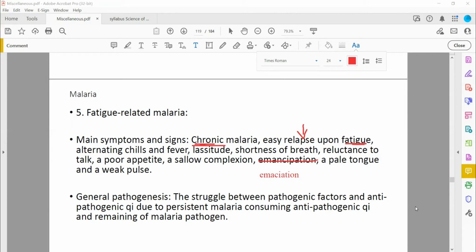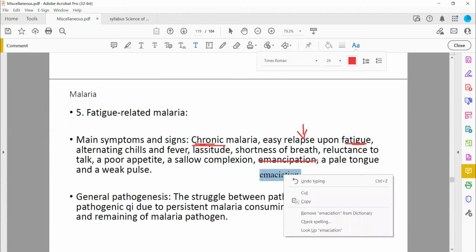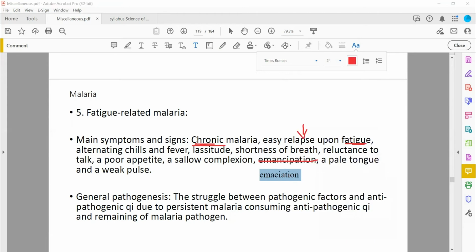Emaciation. Right? So this one, that's a chronic one.